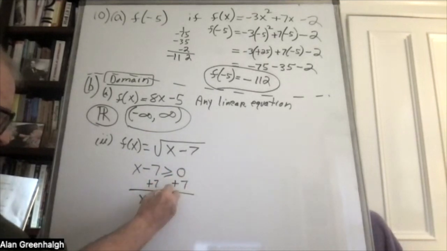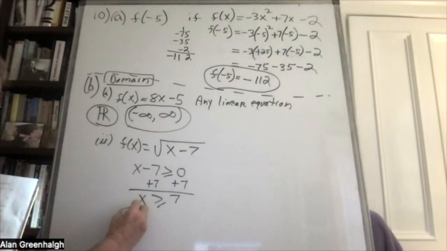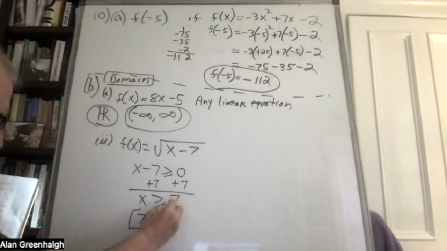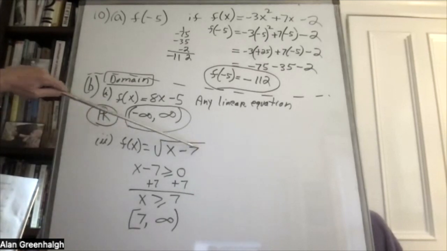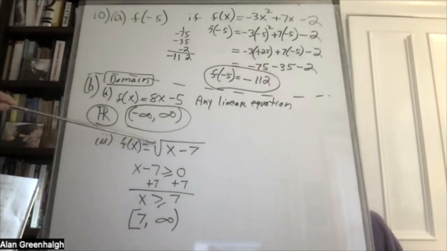X is greater than or equal to 7, which means that the domain will be 7 to infinity. Again, you can't have a negative underneath a square root, not all radicals, because you can have a negative if it's a third root. We'll do that a couple of chapters from now.